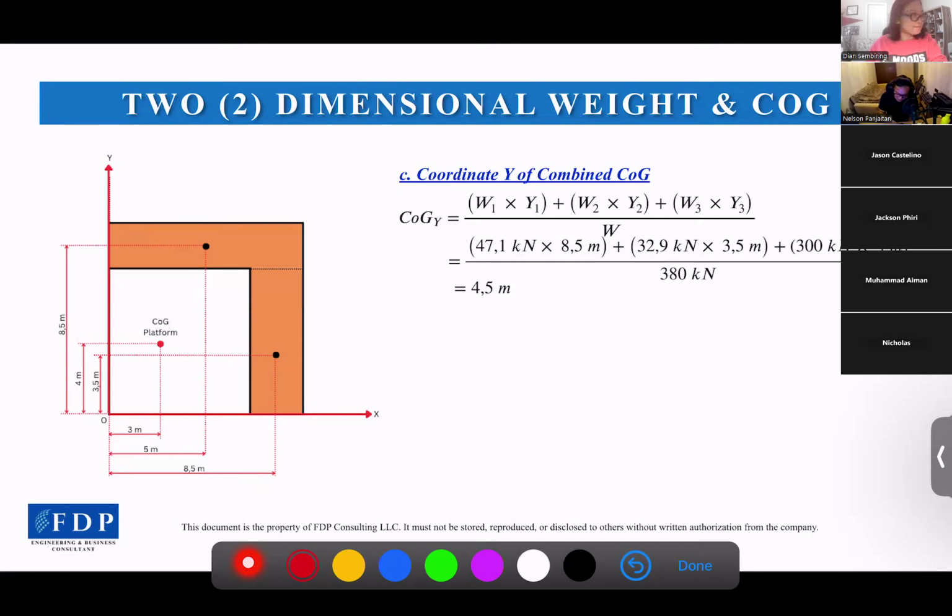So we get the 47.1 kilonewtons weight of item 1 here, and the coordinate y is 8.5 meters, plus 32.9 kilonewtons times 3.5 meters. 3.5 is this COGY of item 2, and then 300 times 4 meters. 4 meters is this, and then divided by 380, the total weight. Then we get the COGY is 4.5 meters, like that.